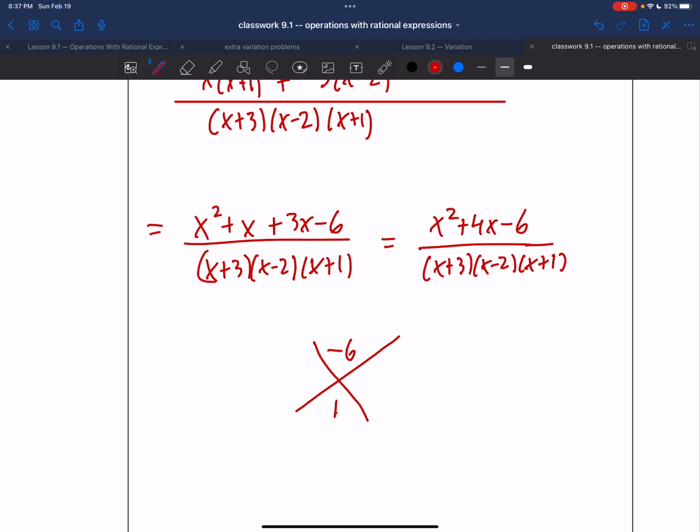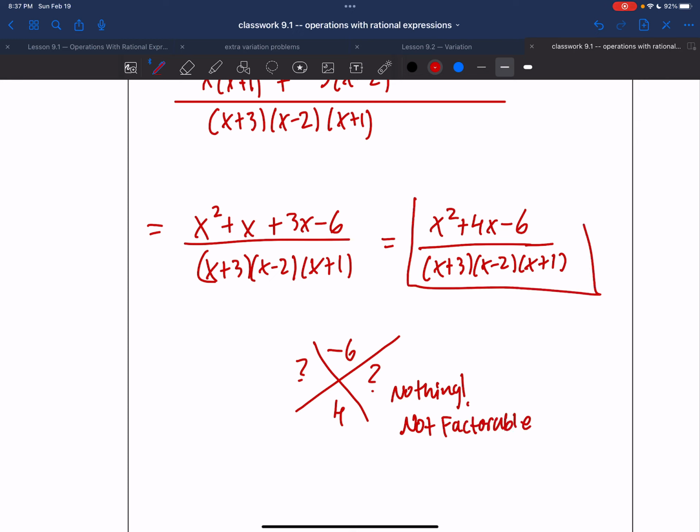Negative 6. Here's my 4. What two numbers multiply to get negative 6 and add to get 4? Nothing. So not factorable. So that means my quadratic in the numerator is irreducible, and therefore I am done. Because there's no common factors on top and bottom to simplify.